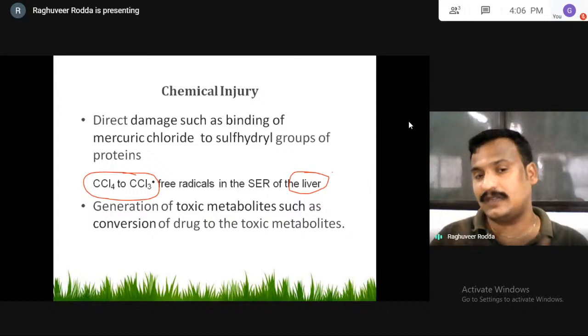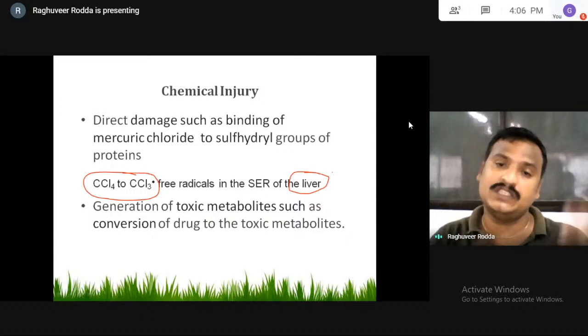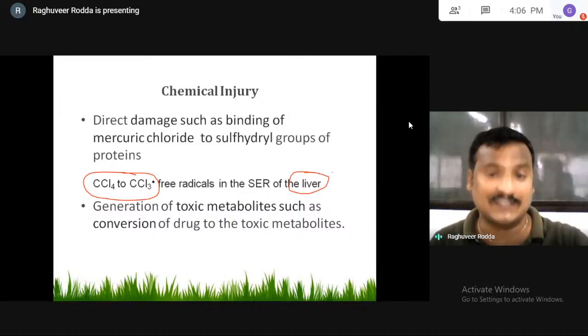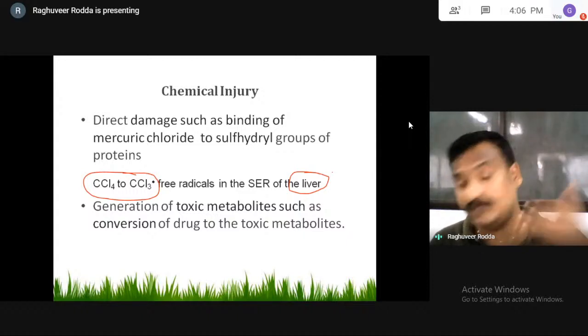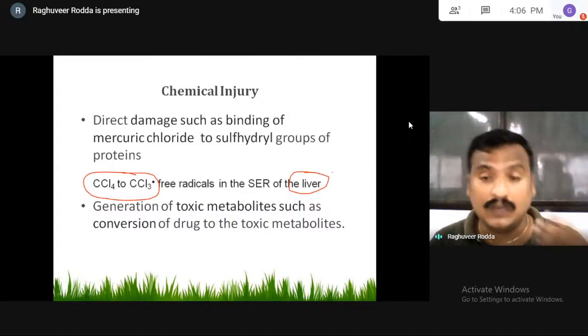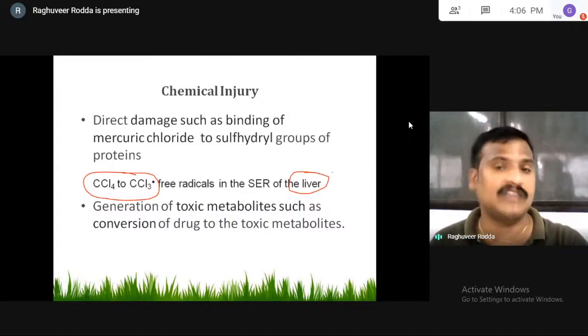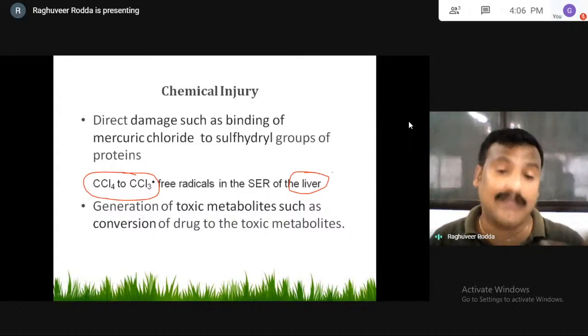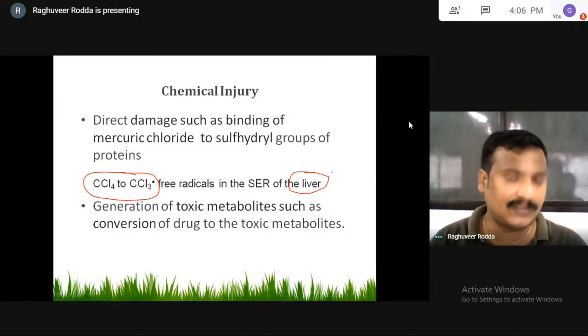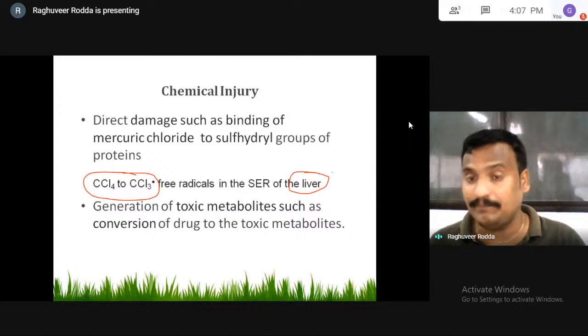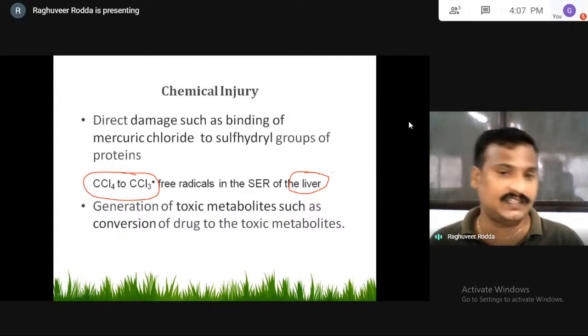Whenever carbon tetrachloride is converted into carbon trichloride, a reactive species, this reactive species will go and bind with triacyl glycerols present in the smooth endoplasmic reticulum of the liver, and the phospholipids of the hepatocytes, and they are going to accelerate the lipid peroxidation of the hepatocytes and the smooth endoplasmic reticulum, which is going to release some enzymatic substances with digestive properties.